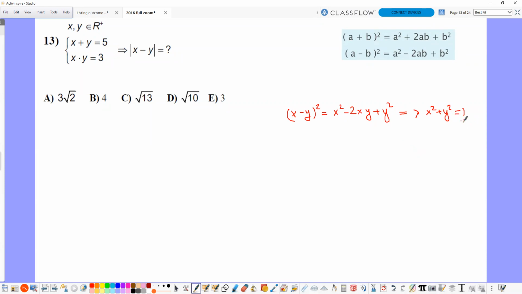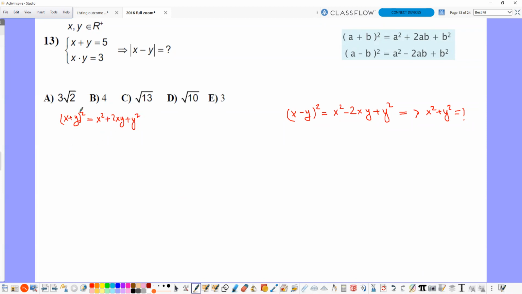Okay, how to find x squared plus y squared? I'm going to use this formula. X plus y squared, I know, is equal to x squared plus 2xy plus y squared. Which means I can find from this formula what x squared plus y squared is.